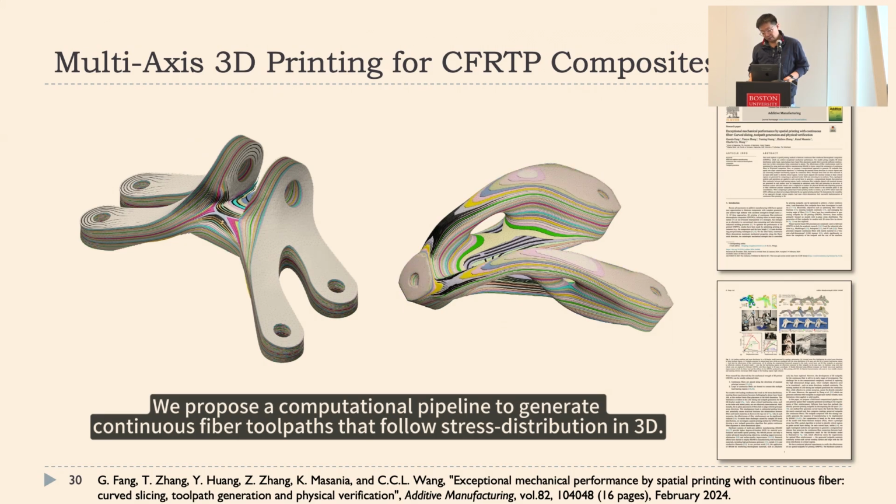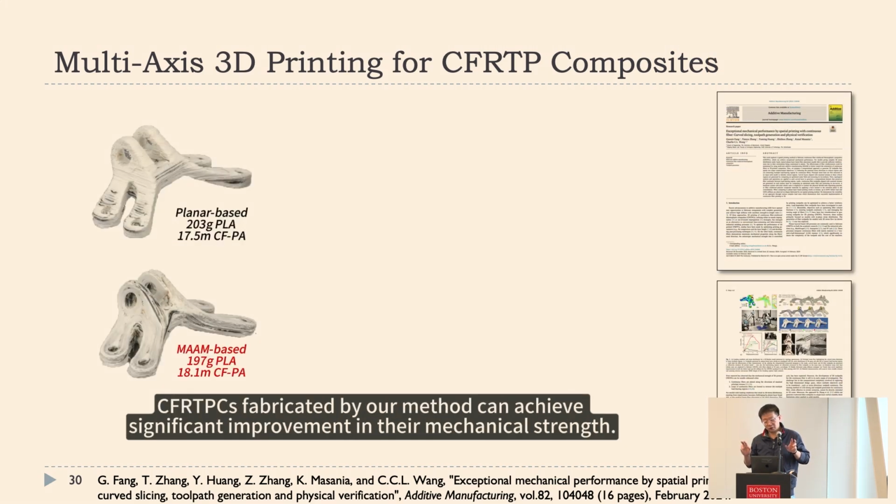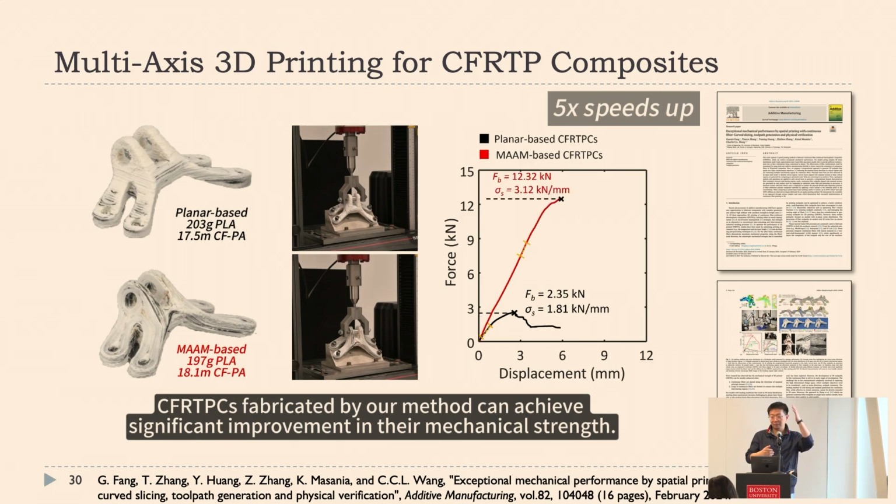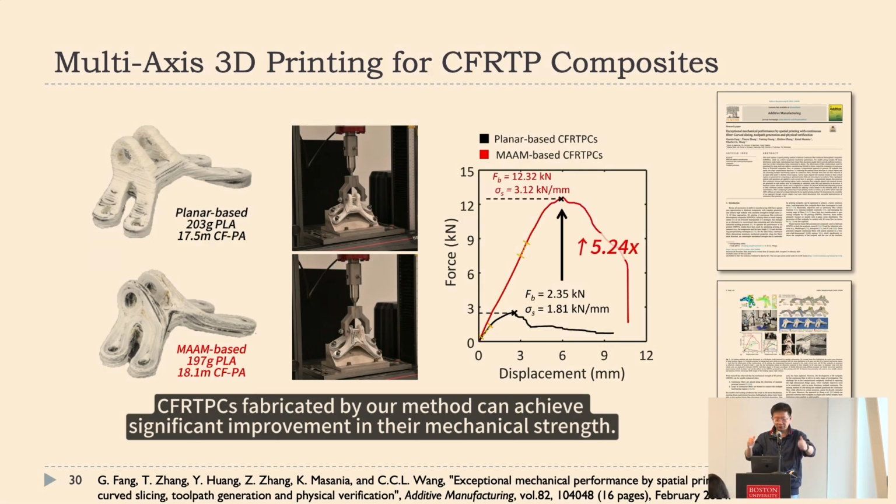Think about the breaking force we achieved before using continuous carbon fibers: 2 times. Still remember the first example I showed today, the planar layer-based printing versus the curved layer-based printing, the breaking force is doubled.